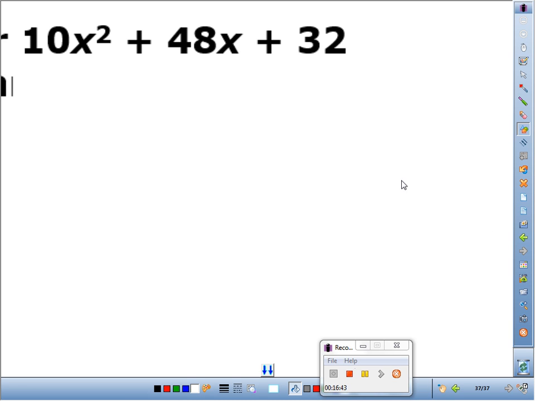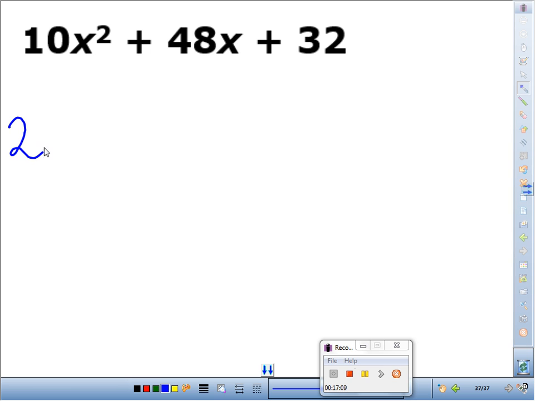Edgar, for every time that we factor, what is the first thing we do? GCF. What is the GCF that divides into each term? What number divides 10, that divides 48, that divides 32? Does each term have a variable? No, so that means just a number.